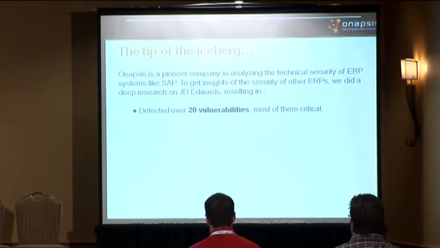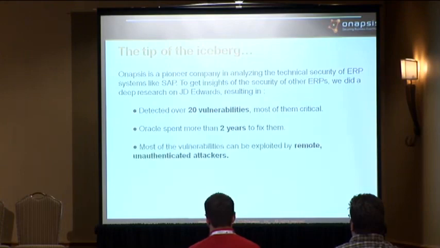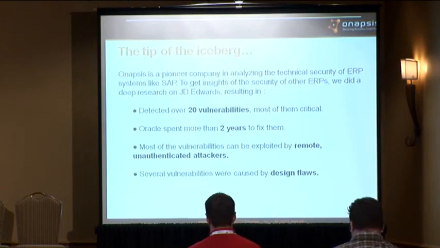We came up with over 20 vulnerabilities, most of them critical. We reported them to Oracle. Oracle took some time to fix the vulnerabilities, but finally, I think the last fix is going to be published in the latest CPU. So you will be able to have the fix for it also.